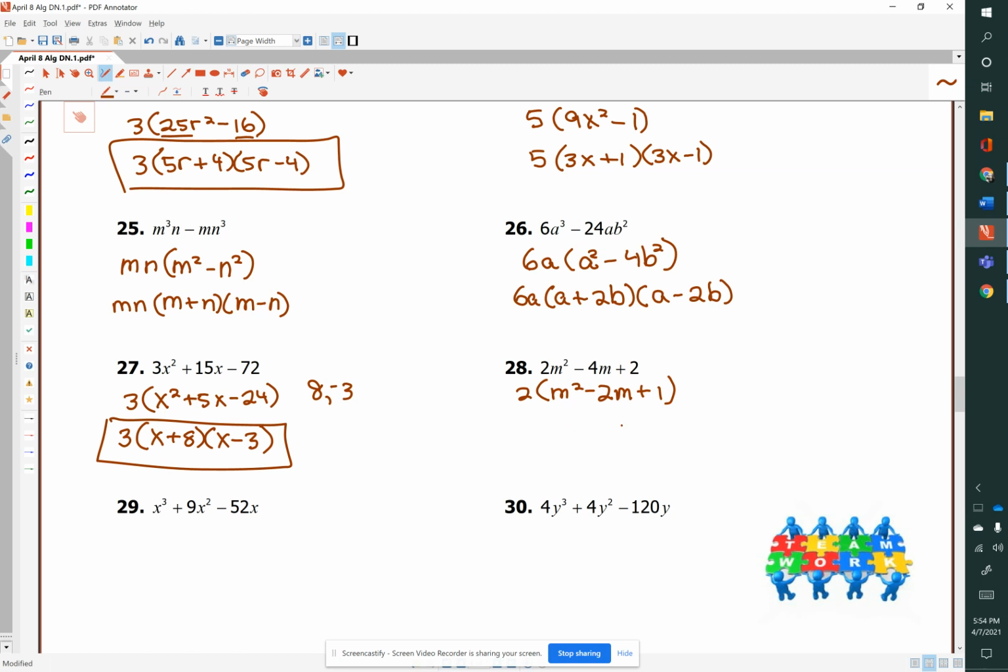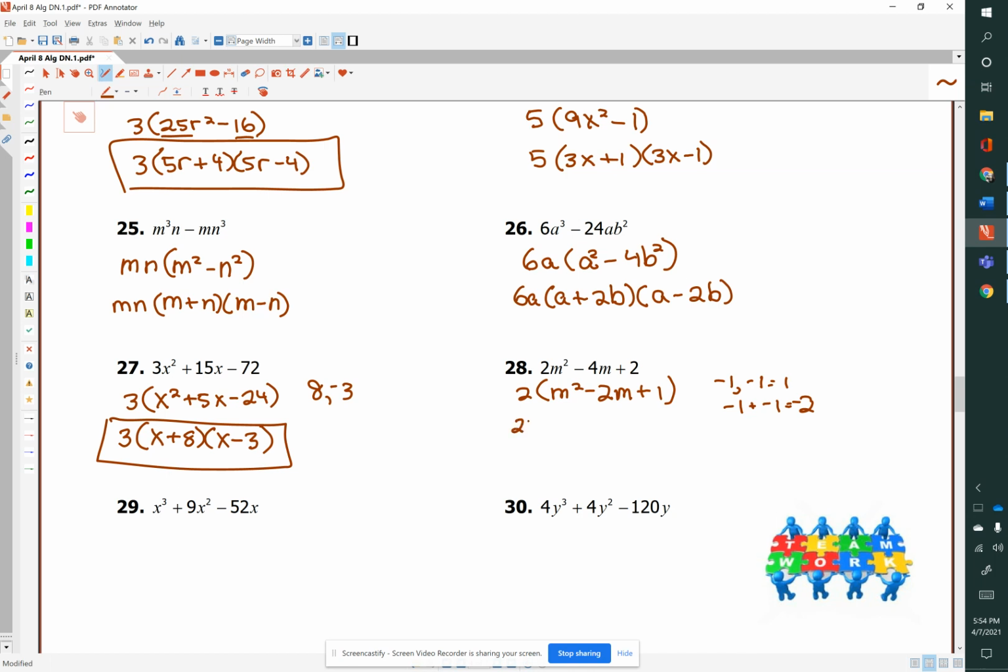Now, we do not have a difference of squares, so we need two numbers that add to negative 2 and multiply to 1. The only thing we can use to get to that positive 1 and add to negative 2 is negative 1 times negative 1, which gives us a positive 1, and negative 1 plus negative 1 gives us a negative 2.